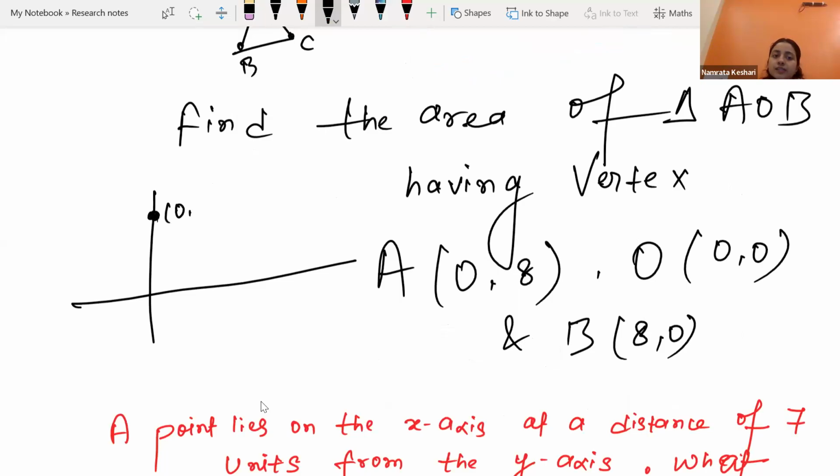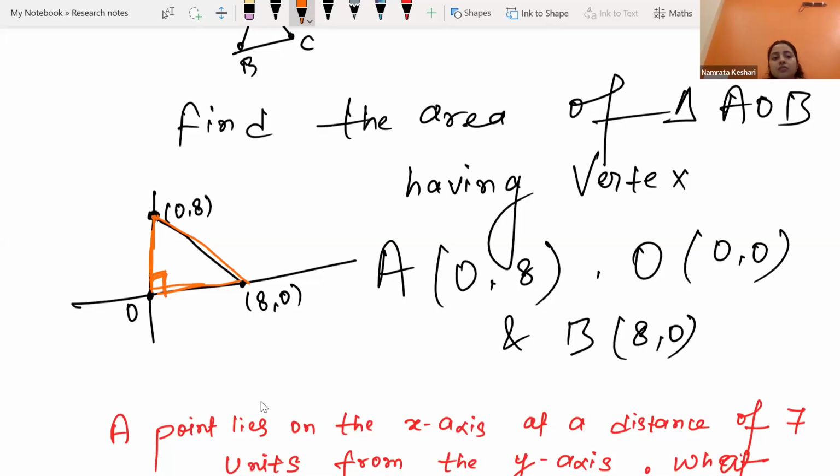O of course is the origin (0,0), and B is (8,0), where x is 8, y is 0. We will join them and we get a triangle over here. This triangle, we can clearly see, is a right angle triangle. If it is a right angle triangle, there is a perpendicular over here. Can you see that? Yes.